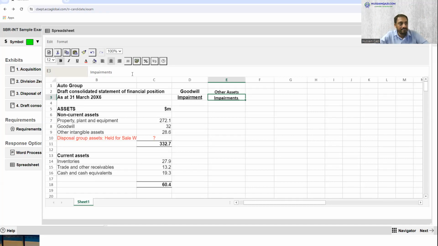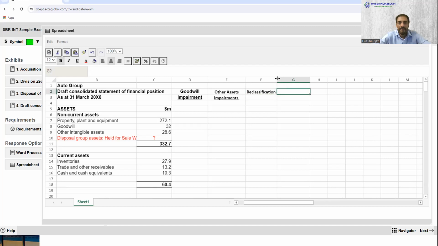Now the final point. First, goodwill impairments, other assets impairments, and reclassification, and here the revised consolidated financial position.